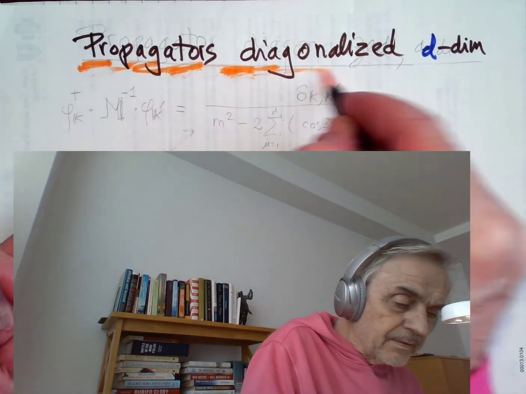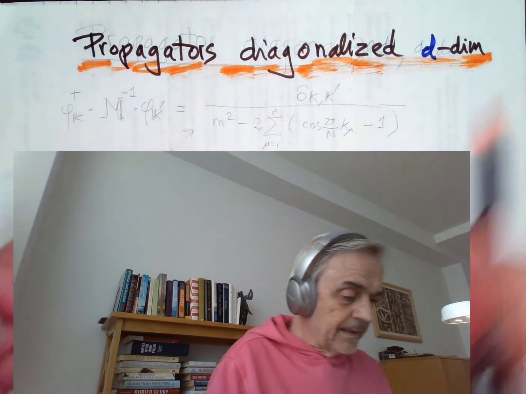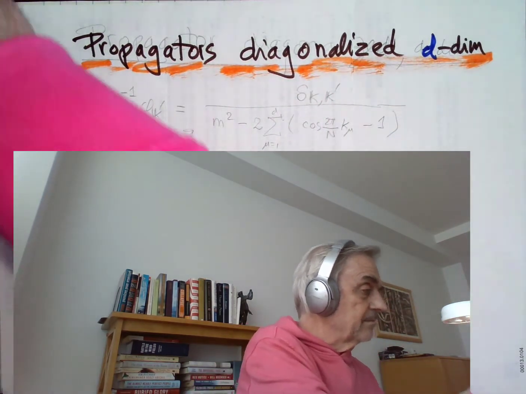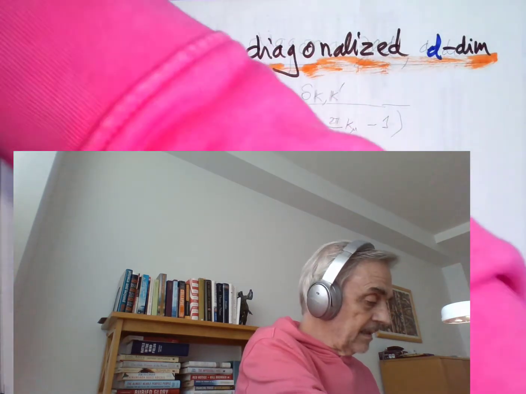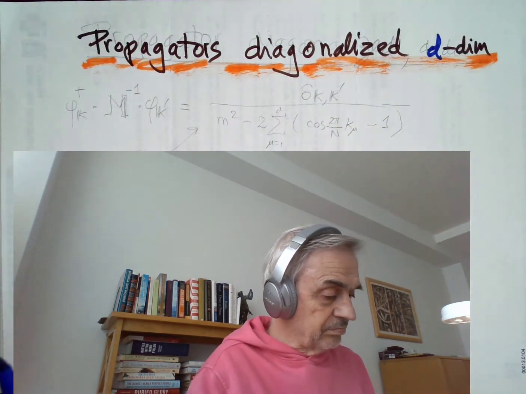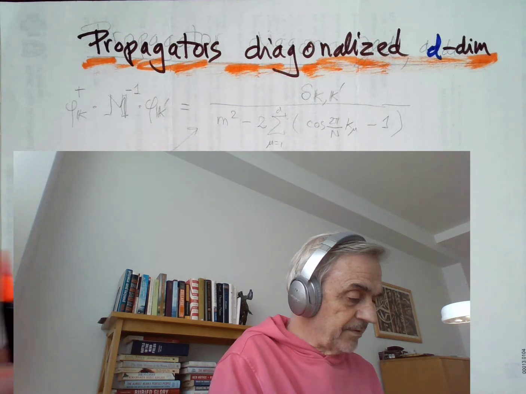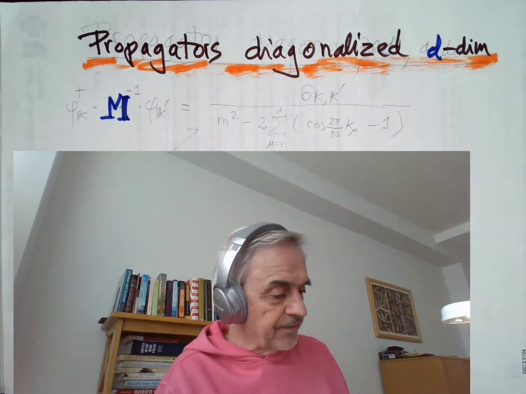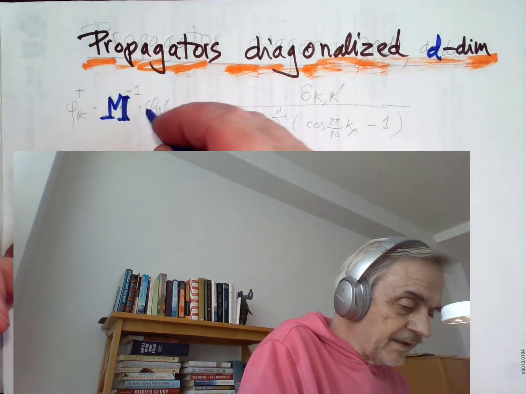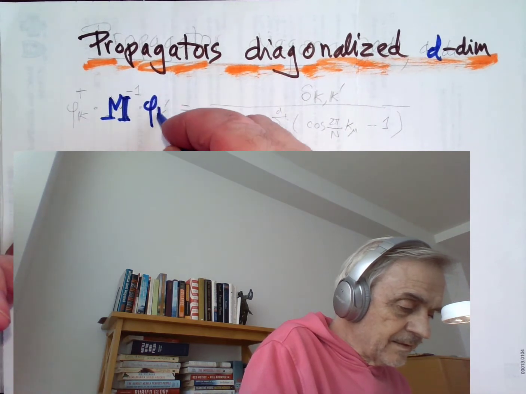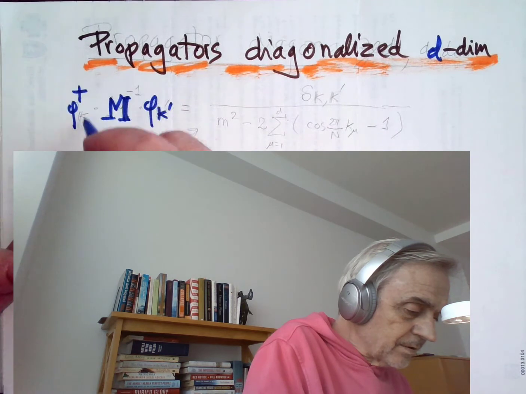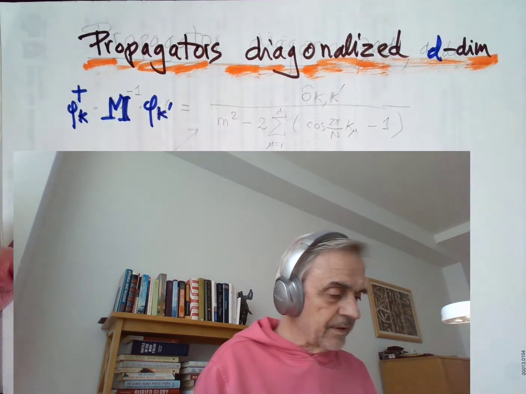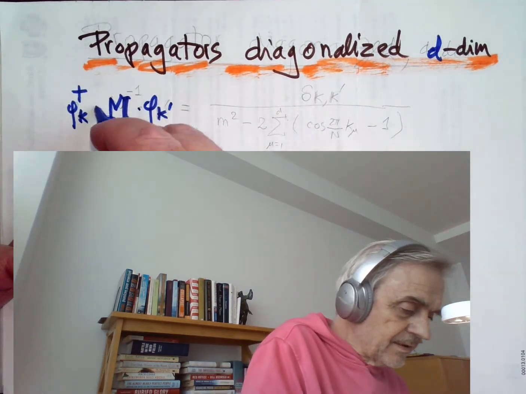And a typical problem has a matrix like this one, called the propagator. And now we would like to compute this matrix. The prescription is that we are supposed to sandwich it between eigenfunctions and their Hermitian transpose, the complex conjugate transpose of the eigenfunctions.